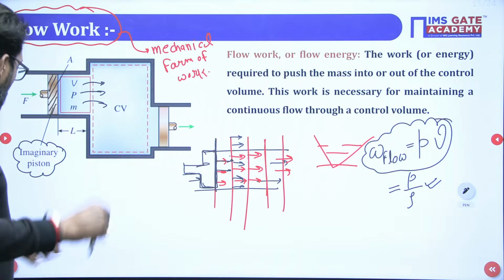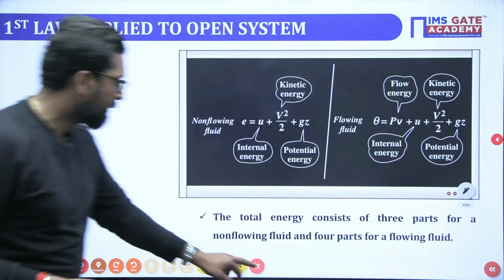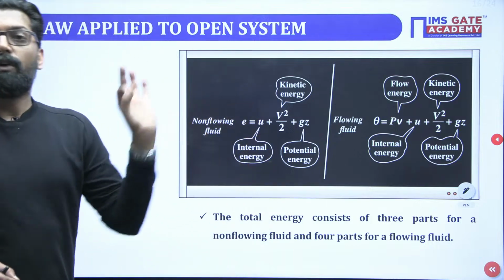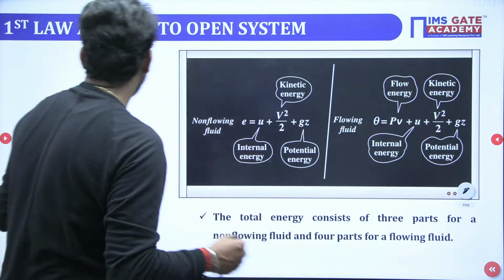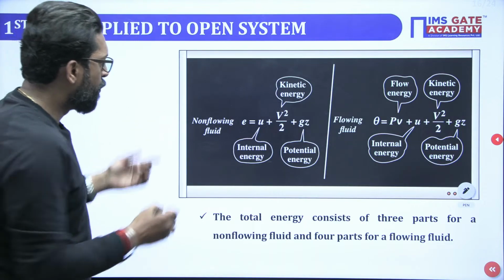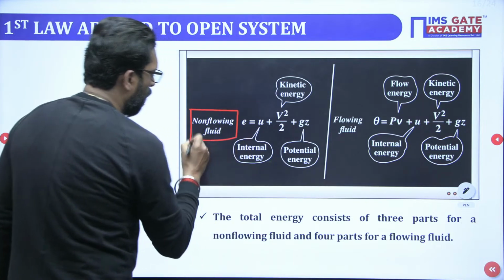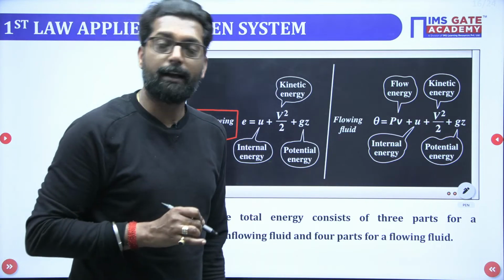Clear, beta? Now if we derive this equation for the flow work, there is one subtle concept. What is that, beta? If you talk about non-flowing fluid, what is meant by non-flowing fluid? Again you have to tell me.